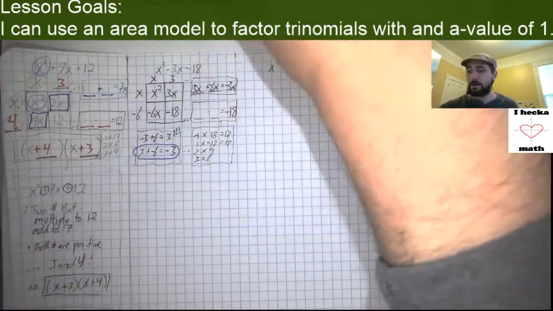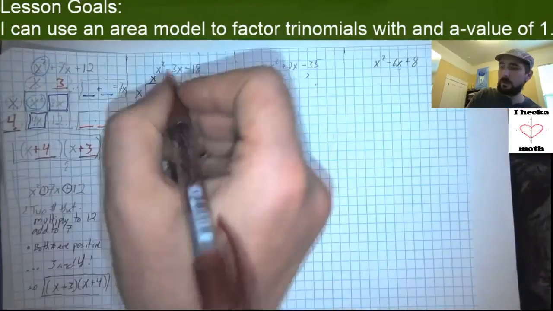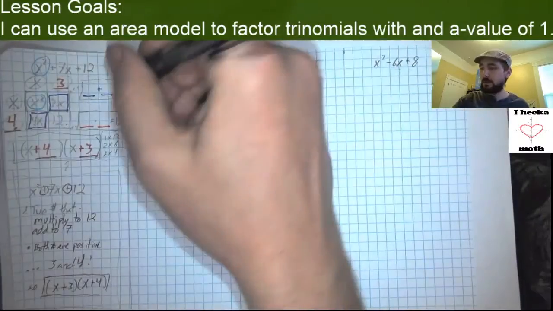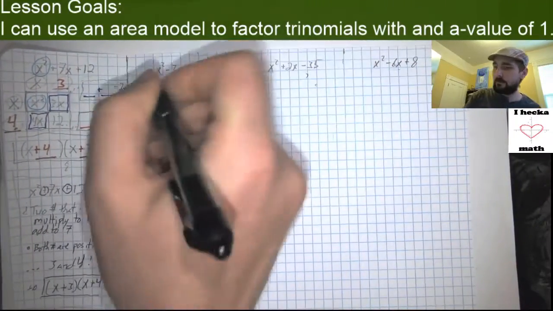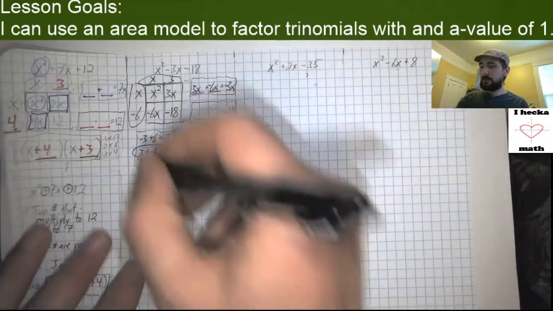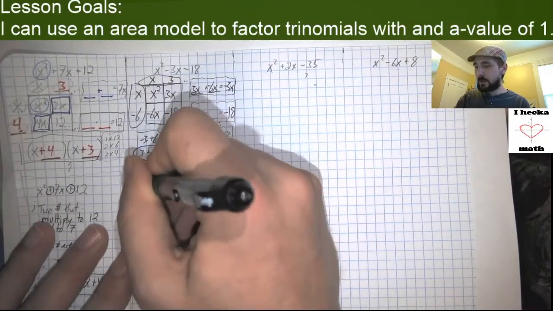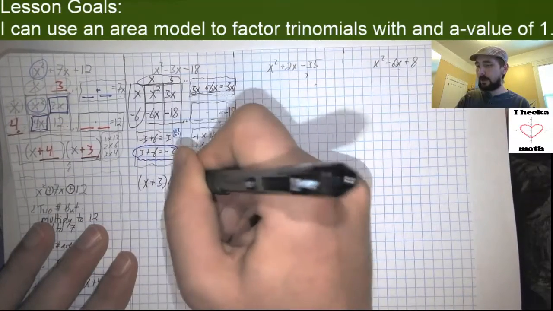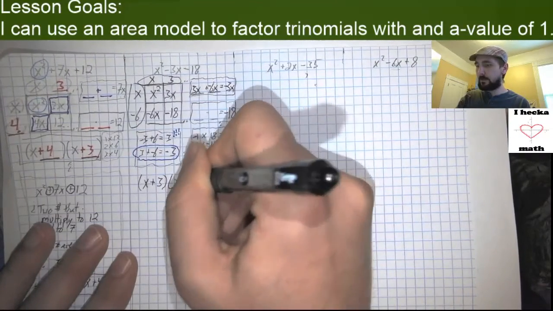So the outsides of this, so the outsides become my two factors, x plus 3 and x minus 6.